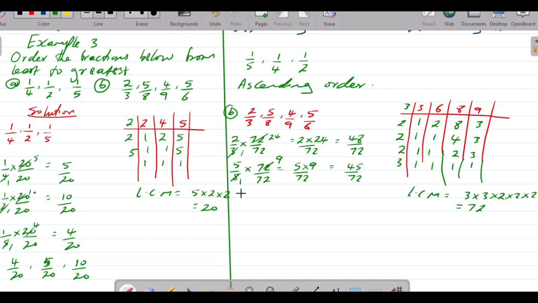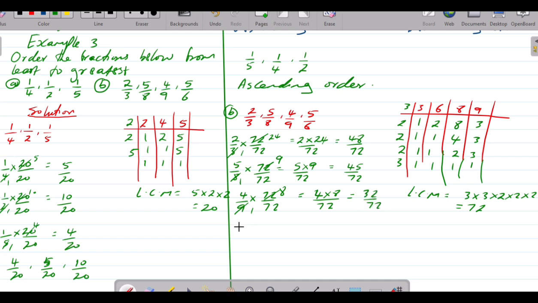We move to the next fraction, which is 4 over 9 multiplied by 72 over 72. 9 here 1. 9 here is 8. And 8 times 4 will give us 32. 8 times 4 divided by 72. 8 times 4 will give us 32 over 72.